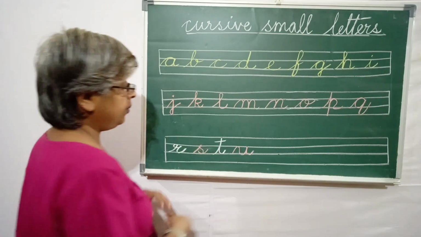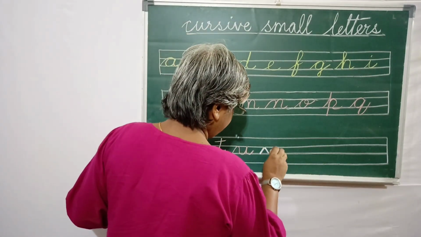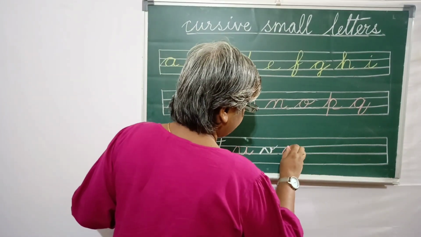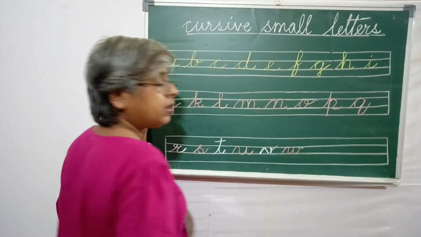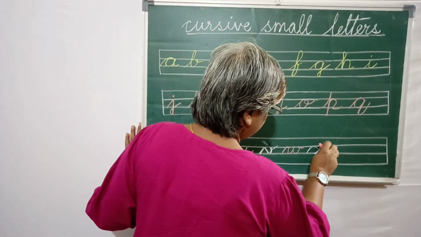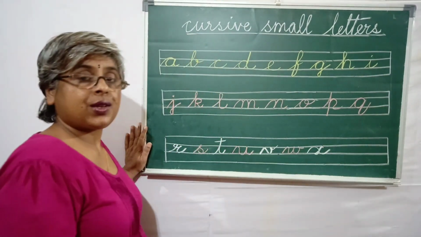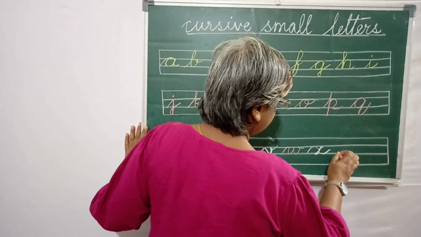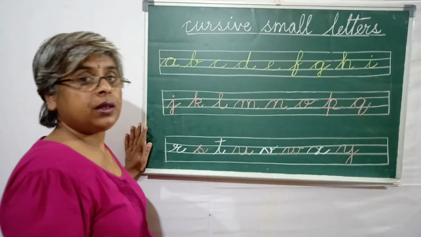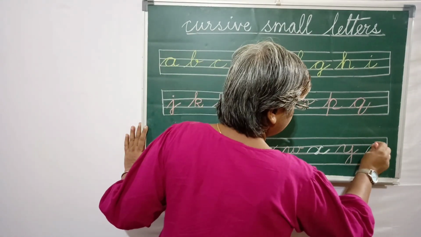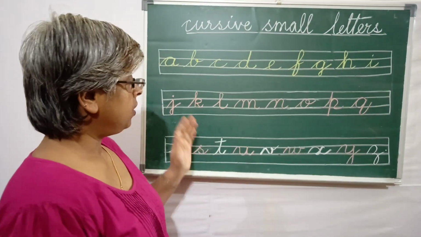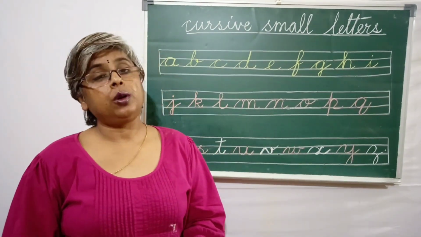U, urn. V, vessel. W, work. X, Xmas tree. Y, yak. Z, zoo. So you can see how beautiful it looks.